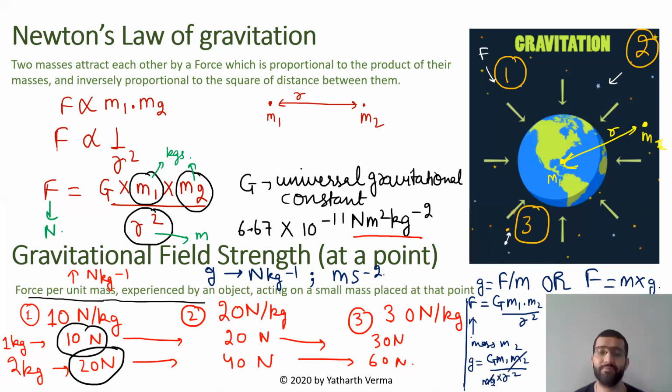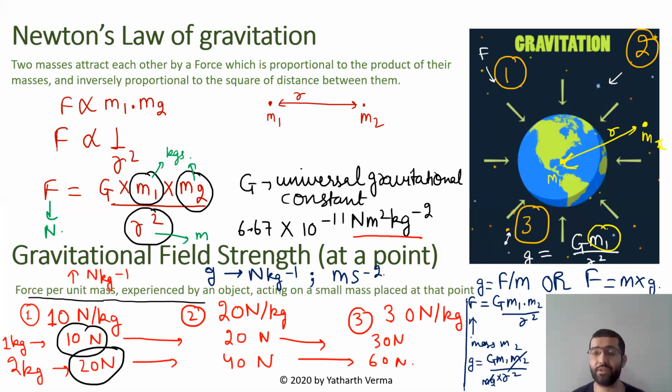So the value of g at any point becomes G M1 upon R square, where M1 is the mass which is creating that field, and R is the distance of that point where we are considering the field strength from the mass which is creating the field.